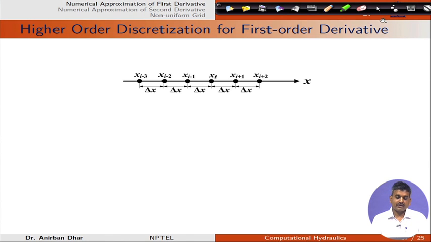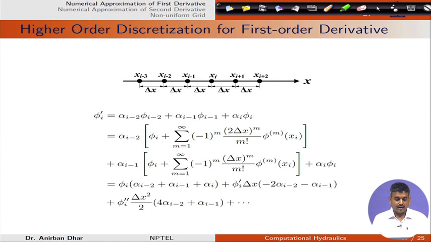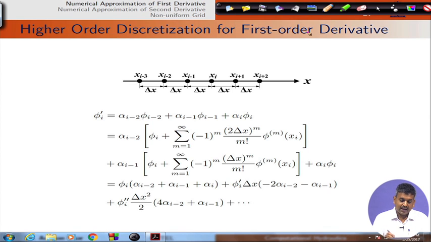Now, higher order discretization of the first order derivative. We have seen that forward difference and backward difference give first order discretization. So, if we associate one extra point on the same side, maybe in the backward direction, we have phi i minus 1, phi i minus 2 with associated coefficients alpha i minus 2, alpha i minus 1, alpha i.